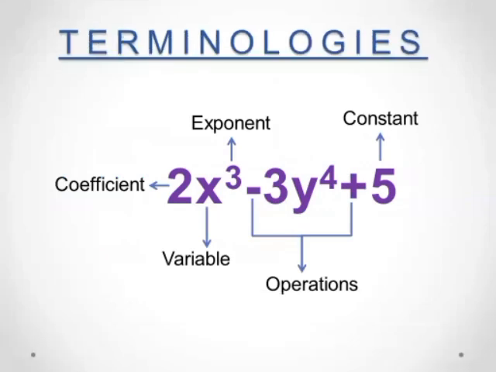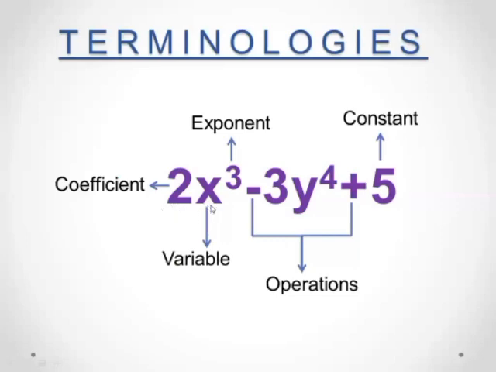Now we are going to discuss some of the terminologies related to algebraic expressions. Example is given over here, 2x cube minus 3y4 plus 5. In this expression, this 2 is known as coefficient, that is, the number which is written with the variable is known as coefficient.